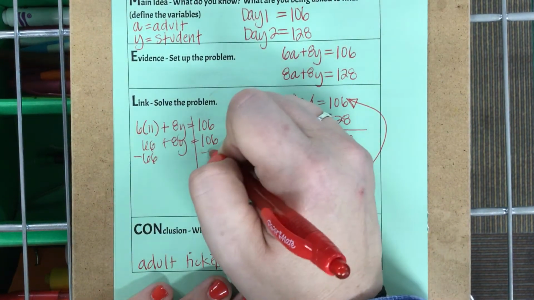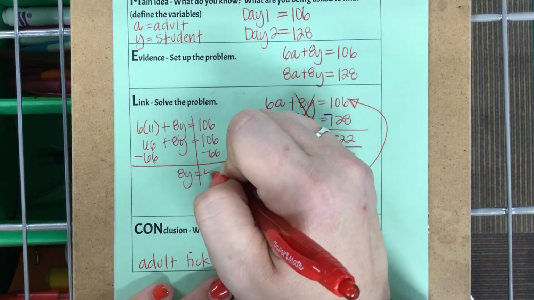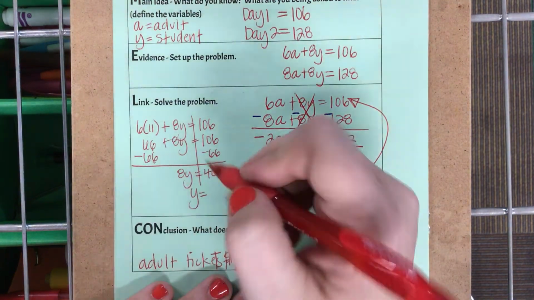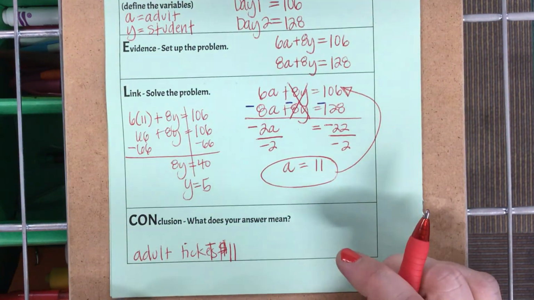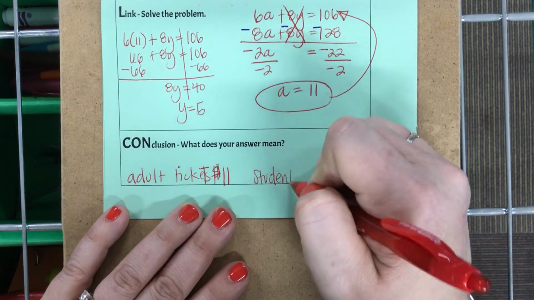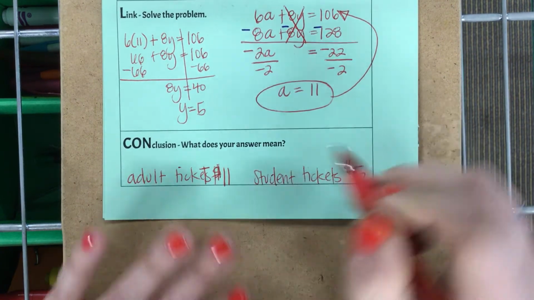Minus 66 from both sides. 8y equals 40. Y equals, what does that mean? Student tickets are $5.